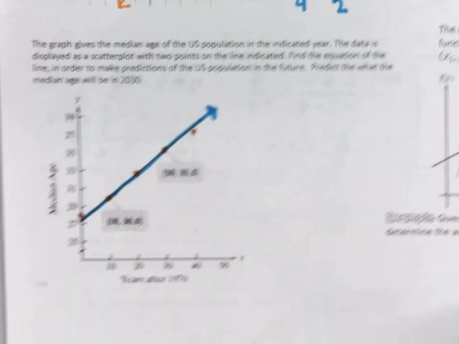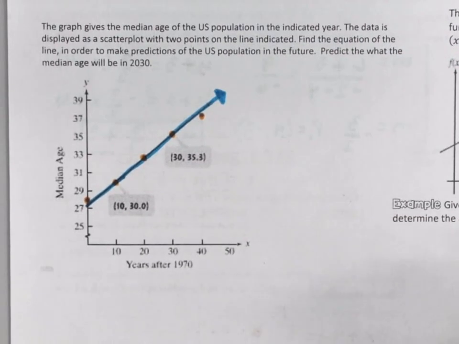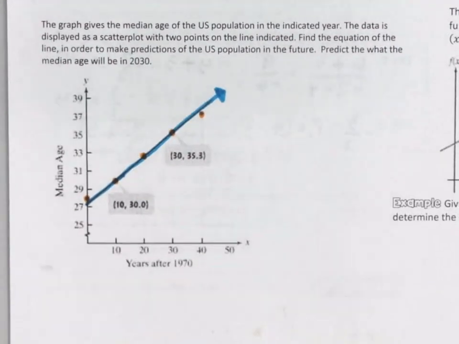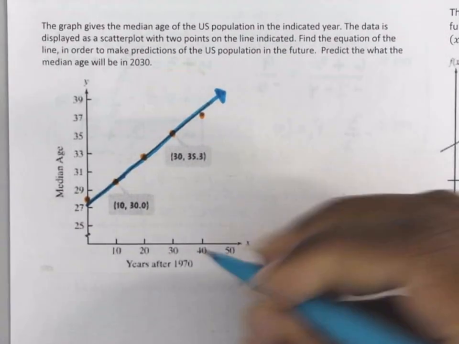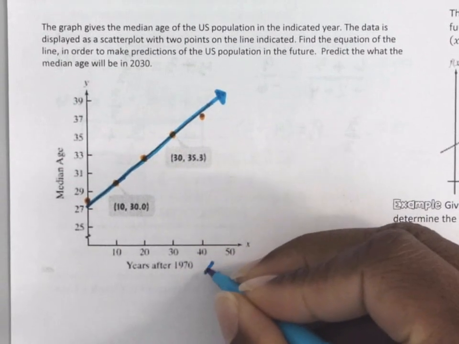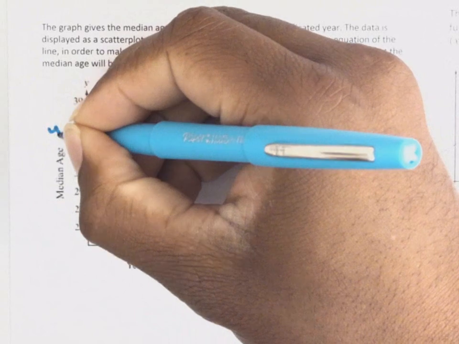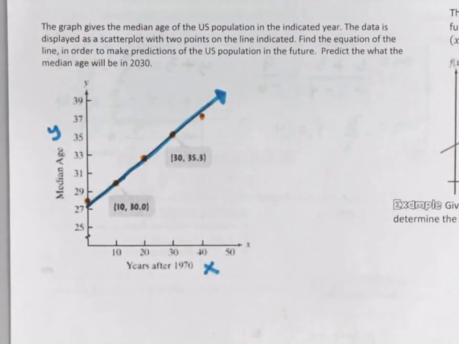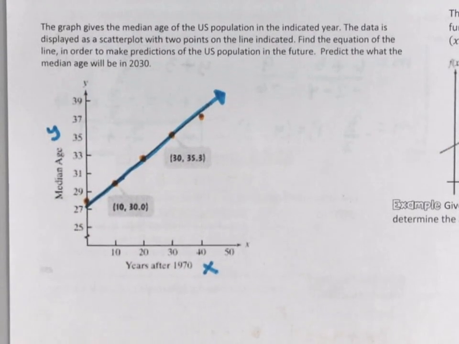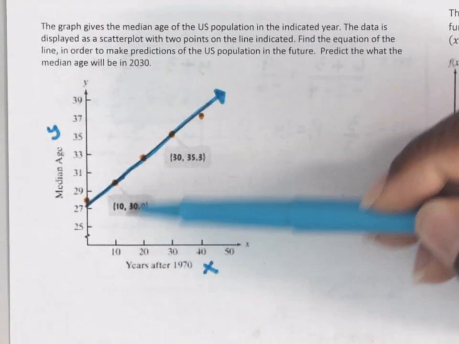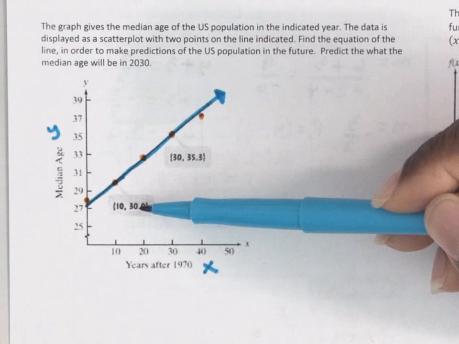So let's make sense of this scatter plot. Over here you have the years after 1970. This would be your x values. And going up would be the median age or the average age, which is your y value. So let's say this point, 10, 30.